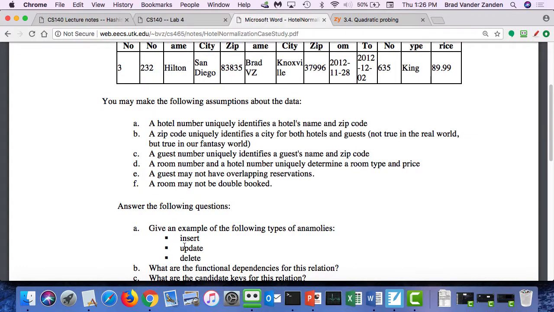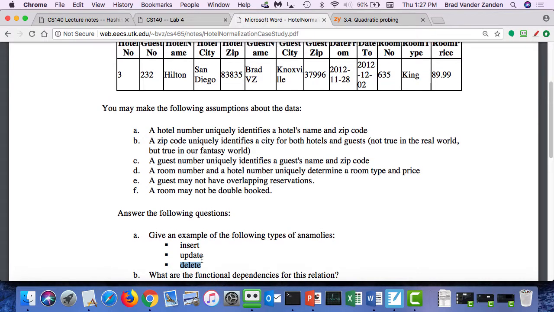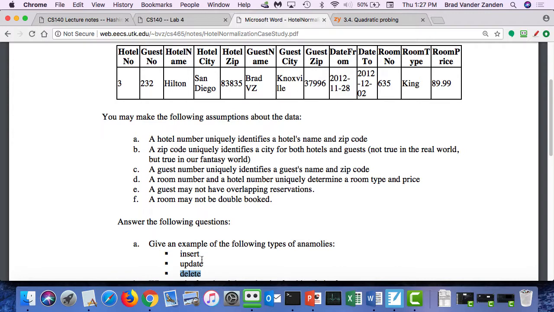Now, remember that delete anomalies are just a mere reflection of an insert anomaly. Every time you have an insert anomaly, you have a corresponding delete anomaly, always. So if you have an insert anomaly for a hotel, you also have a delete anomaly for that hotel.